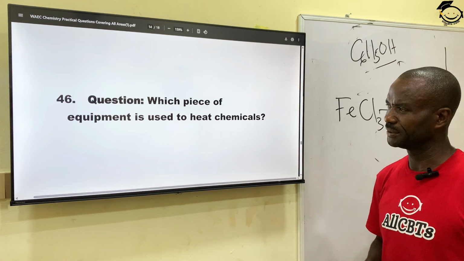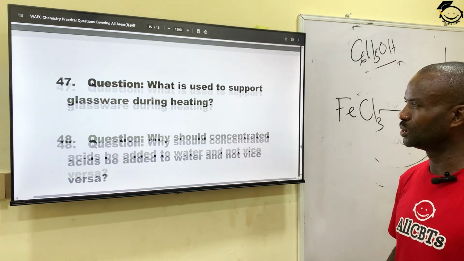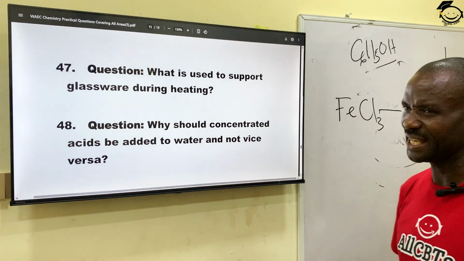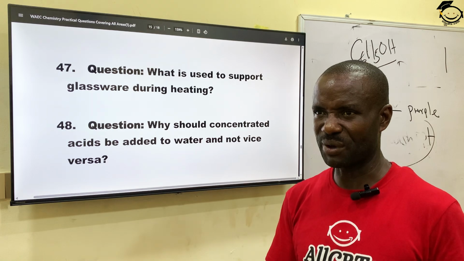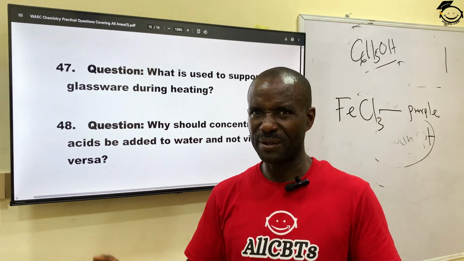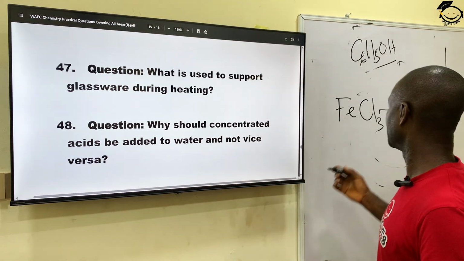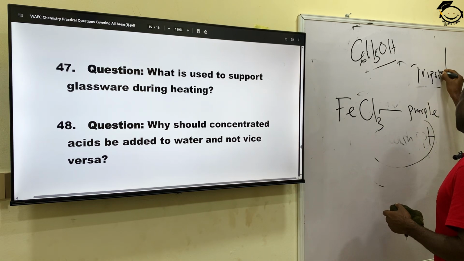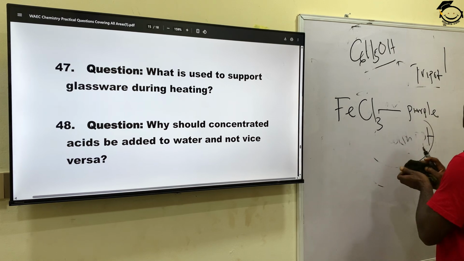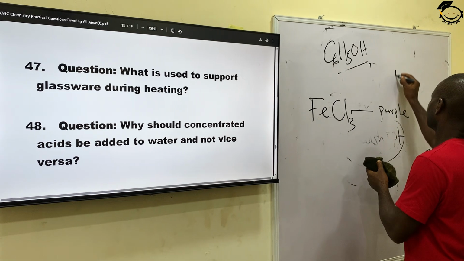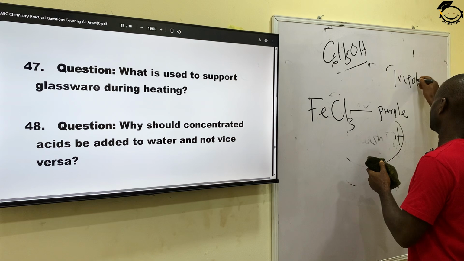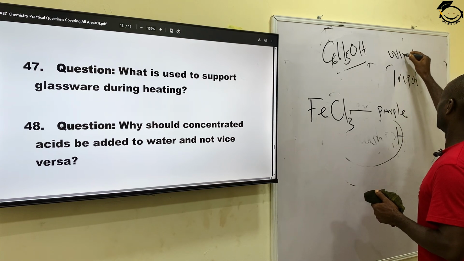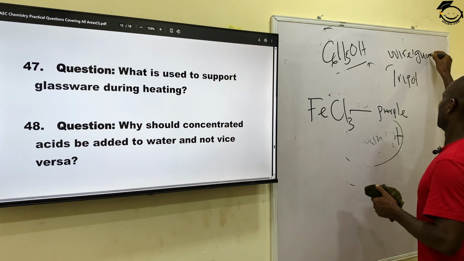Question 47. What is used to support glassware during heating? When you have your Bunsen burner, you have your tripod stand, followed by the wire gauze.